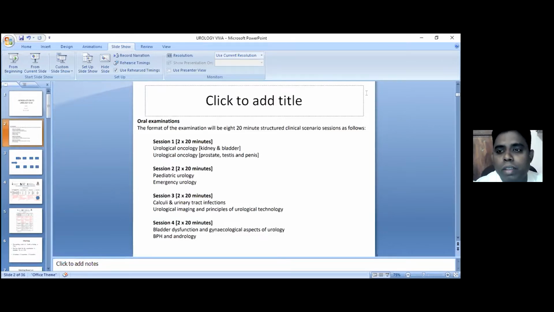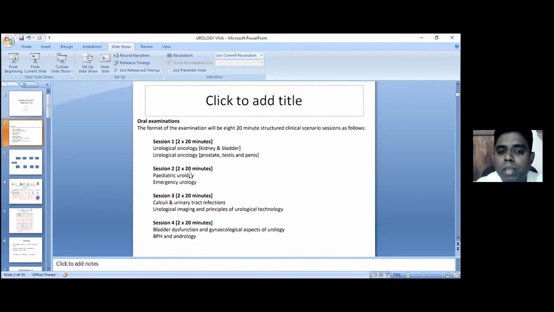That's a very important thing. They won't ask any other questions. If you are in the kidney and bladder cancer station, they will ask about kidney and bladder cancer only. Another table may be prostate, testis or penis. Definitely they will ask prostate, and they might also ask testis or penile cancer.